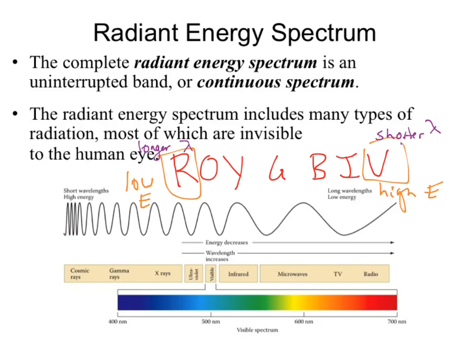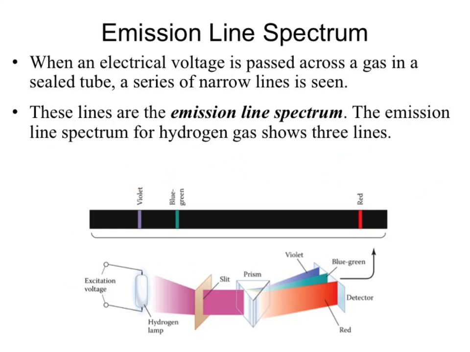Our visible light gives us a continuous spectrum of light. We don't see individual breaks within it. One possible explanation is that all things that we see give us a continuous spectrum of light. Well, does it make sense for that to be the case?